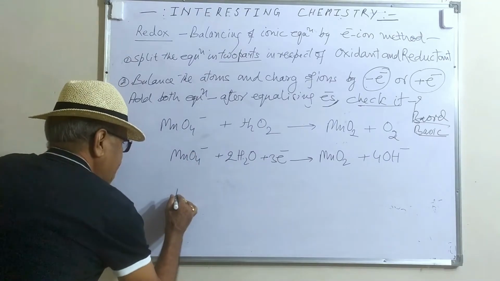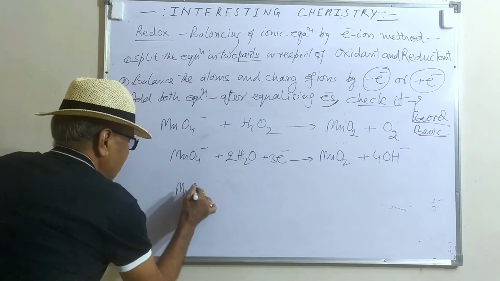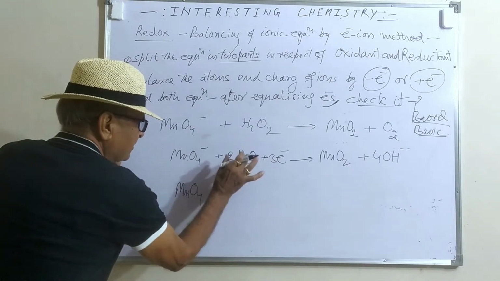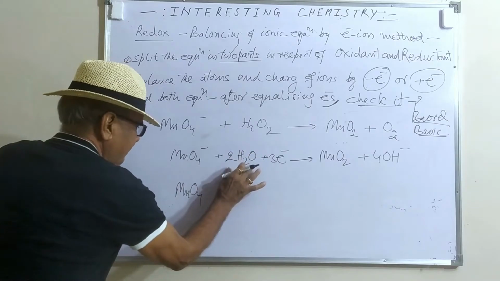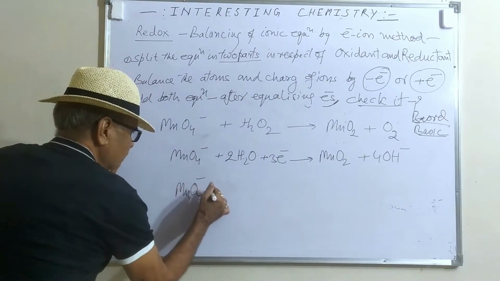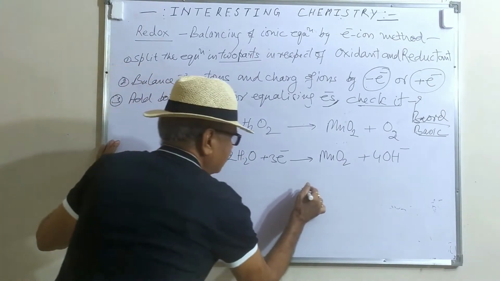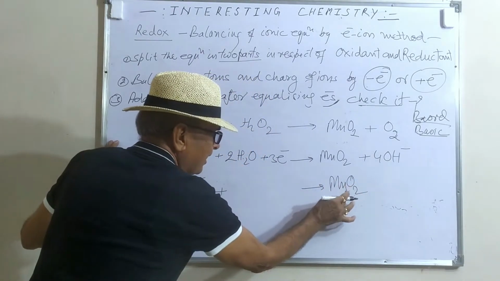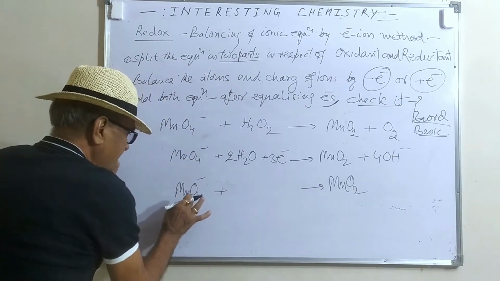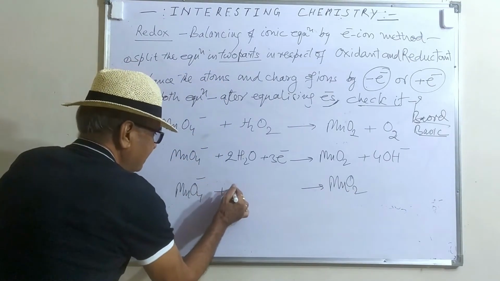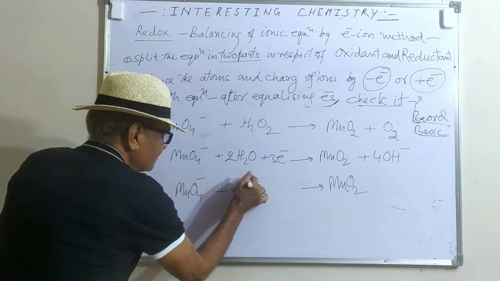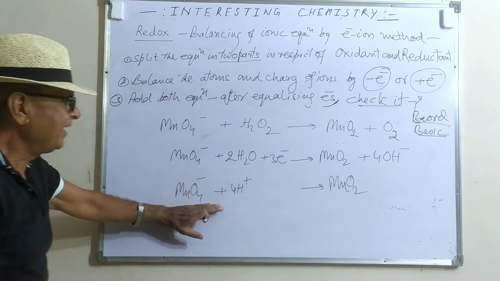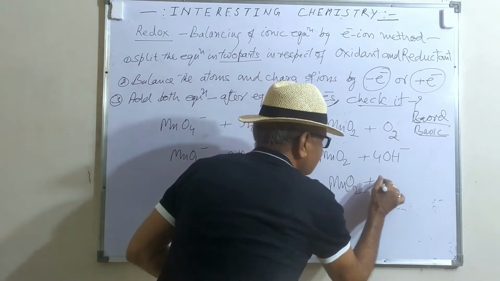Write MnO4. The 2H2O will be added here. Here this is MnO2, with 4 oxygen, so write here 4H positive. And write here 2H2O.